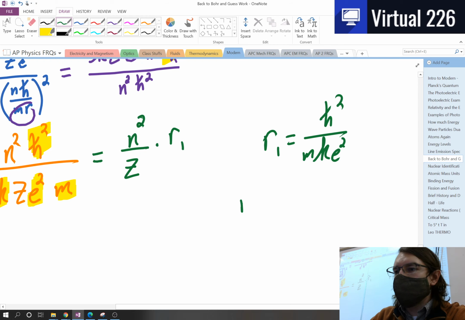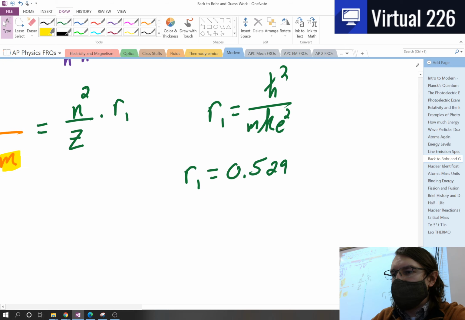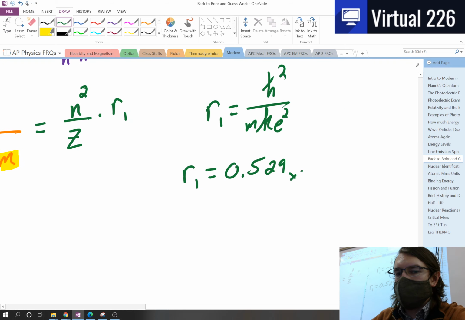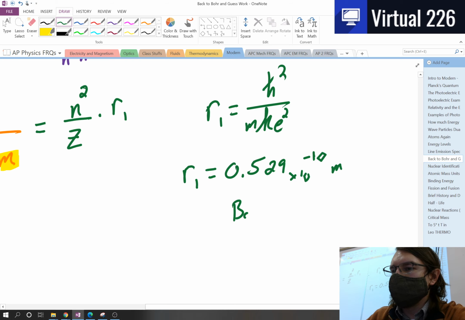In short, R1 is equal to 0.529 times 10 to the minus 10 meters. We call this the Bohr radius.